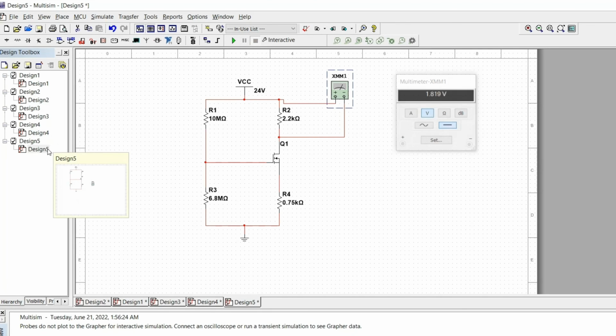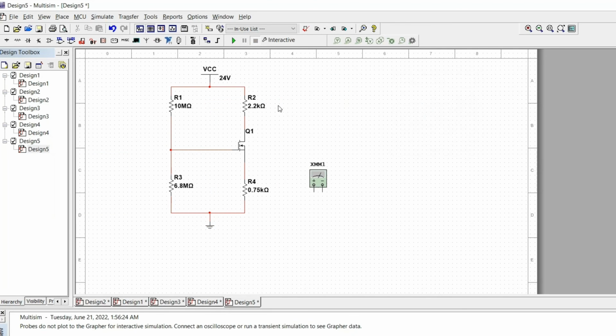And for the last one, VS, take the same multimeter. Put the first one right here and the second one right here, and use the same method.